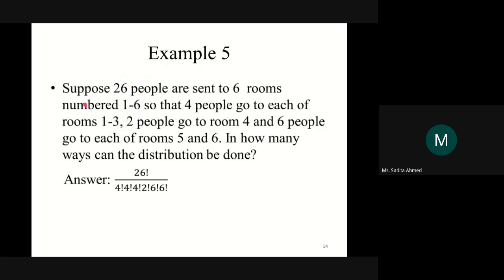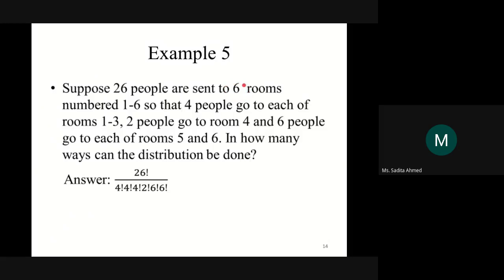That is room 1, room 2, room 3, room 4, room 5, room 6. So are the rooms distinguishable? Guys, yes or no? Yes, ma'am. Yes, the rooms are distinguishable as well. So we have 26 distinguishable objects which have to be distributed among 6 distinguishable boxes.